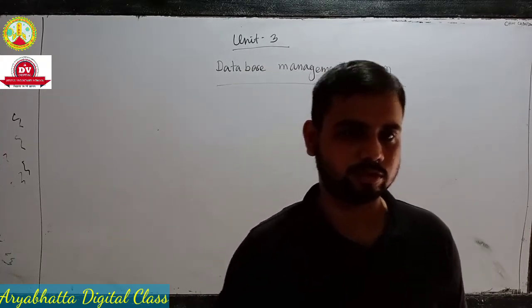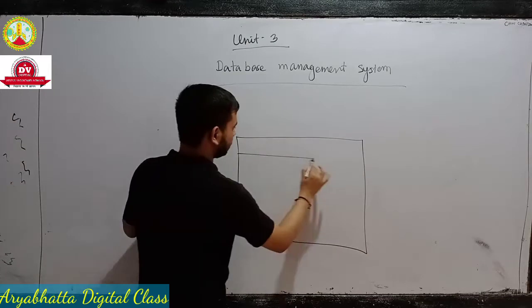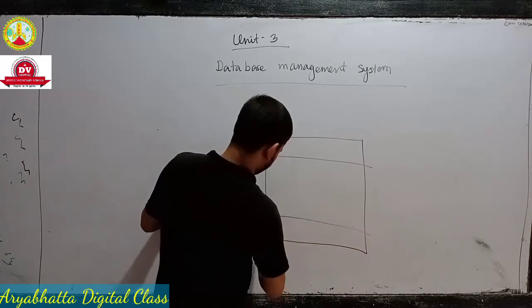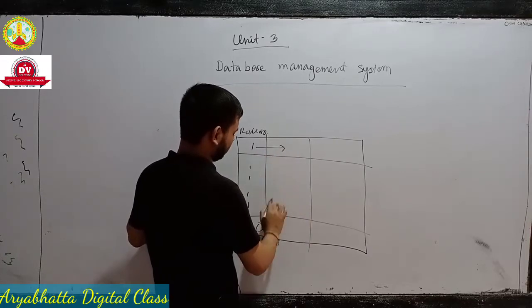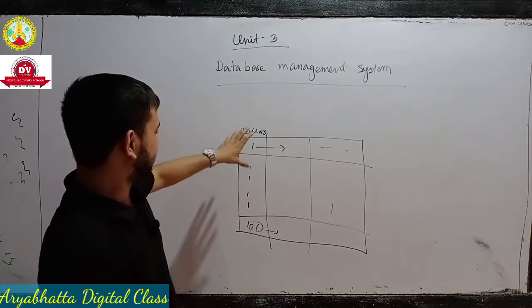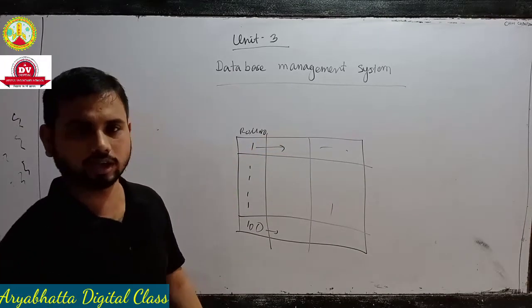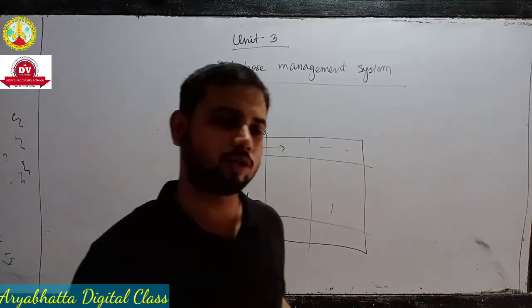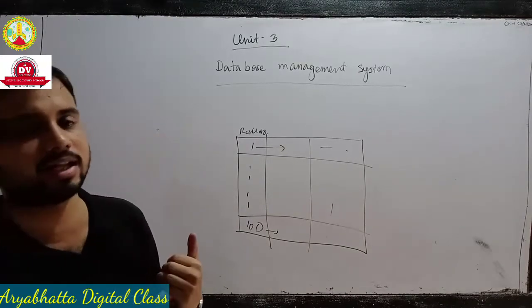Suppose there are 100 students in our college, for roll number 1 to 100, and there is the name with respect to each roll number, and address, etc. So the data is stored in our administration, and this is the database. But how we organize, how we operate, and how we access that data, that technique is called database management system.